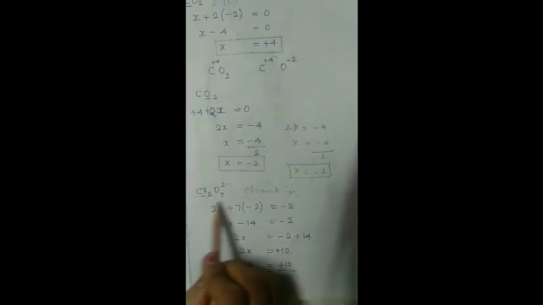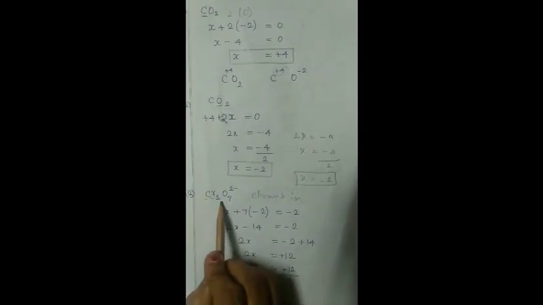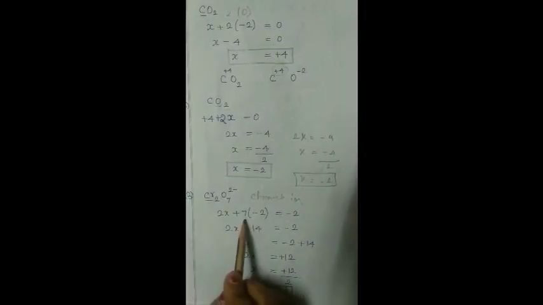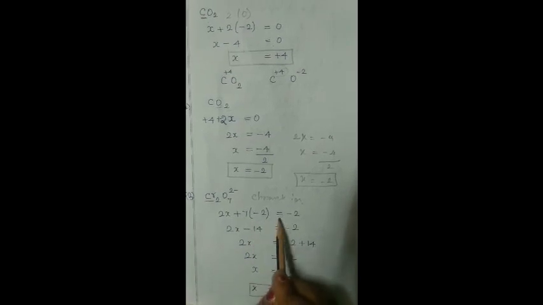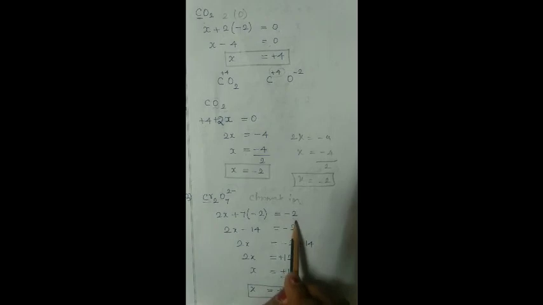So this is an ion. How will you calculate the oxidation state of an ion? The oxidation state of an ion is equal to the net charge on the ion. Is it right? So 2x plus 7 oxygen, so 7 into minus 2, which is equal to the net charge, minus 2. So substitute minus 2 here.